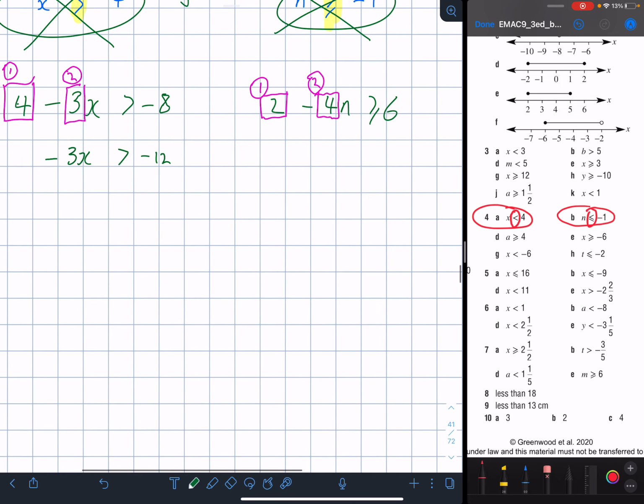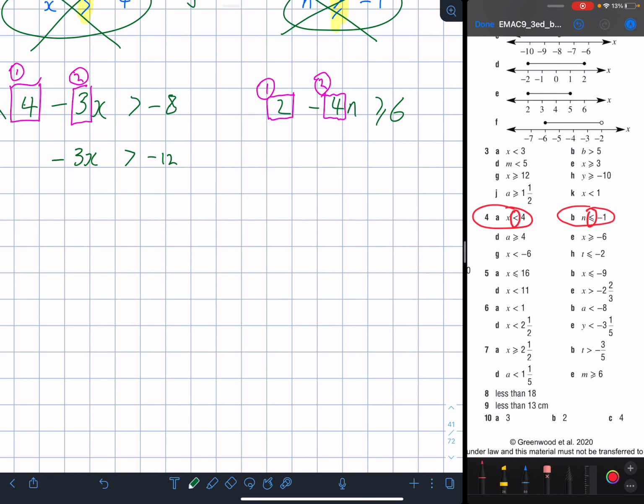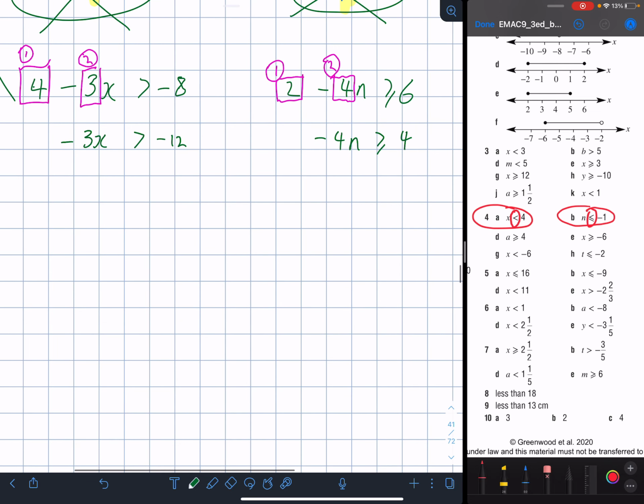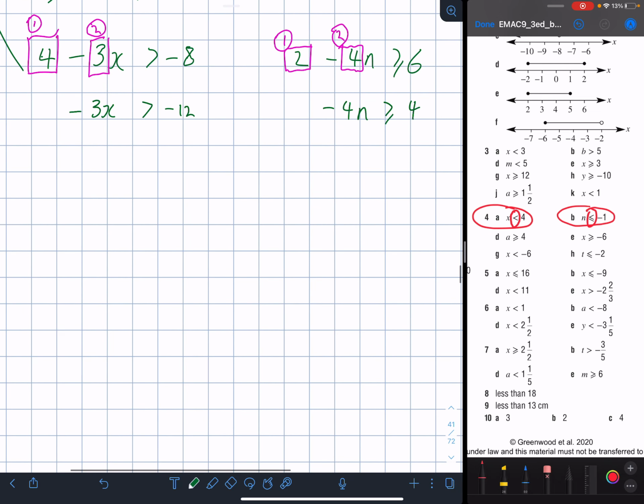And on our right-hand side one, we're going to -2 from both sides of our inequality. And so on the right, that will give us 6 minus 2. So that becomes 4.